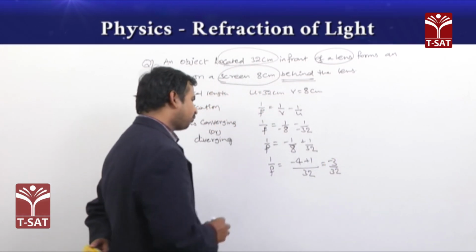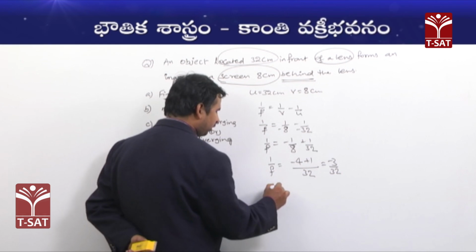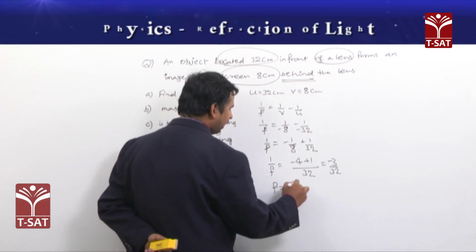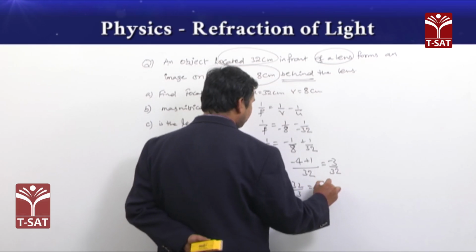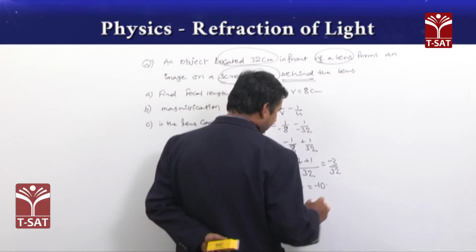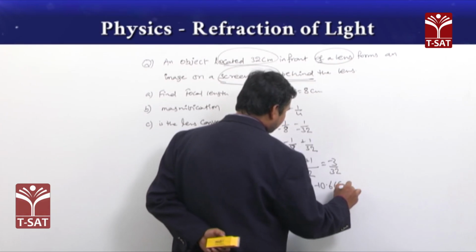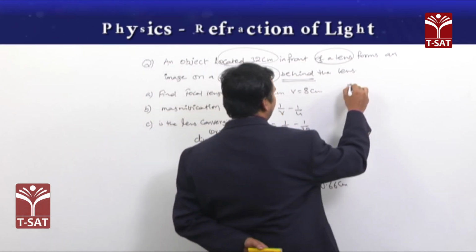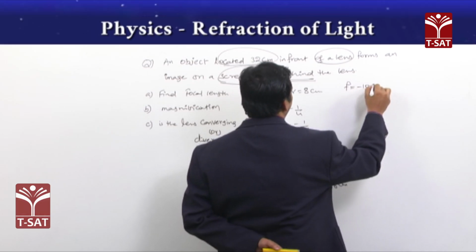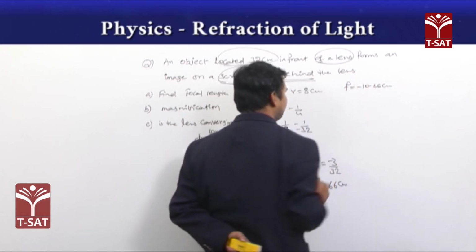From this we can write the focal length value f is equal to minus 32 by 3, which is equal to minus 10.66 centimeters. So we got the focal length value f as minus 10.66 centimeters.